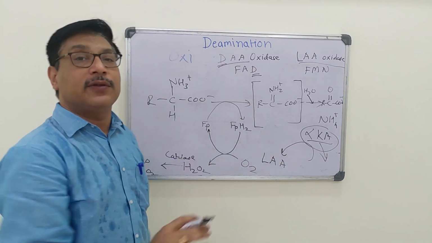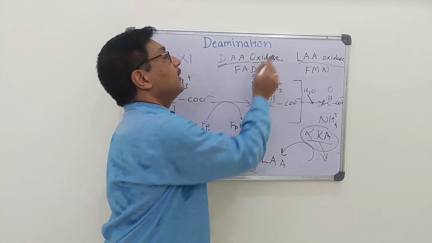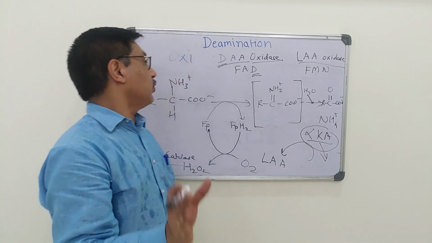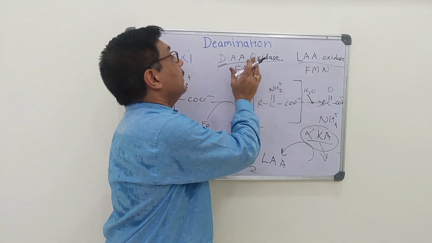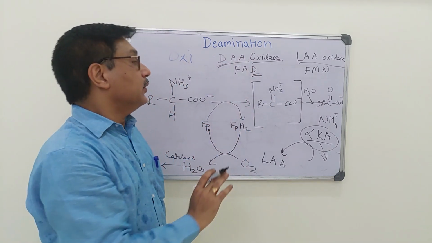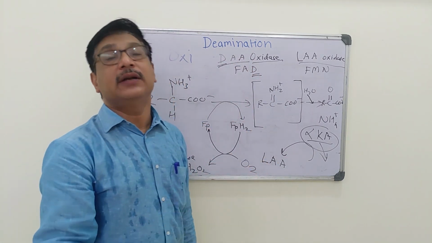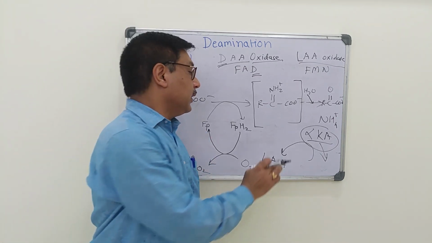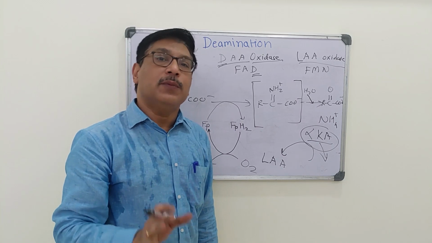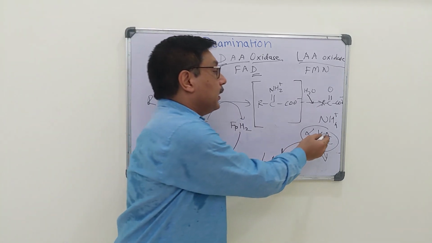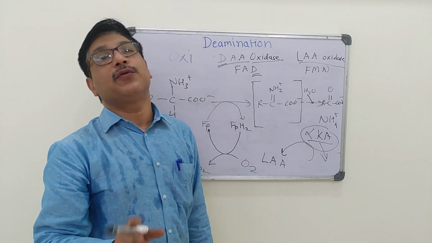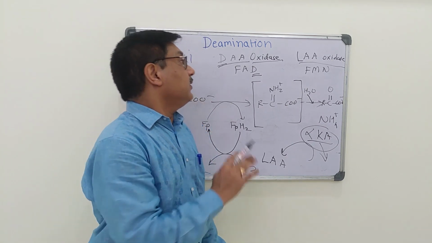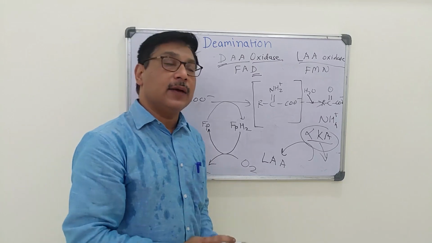So this D-amino acid oxidase step is the first and important step for conversion of D-amino acid to L-amino acid, so that these amino acids can be incorporated in human proteins, or in case of formation of keto acids, they can be metabolized. This is about D-amino acid oxidase and L-amino acid oxidase.